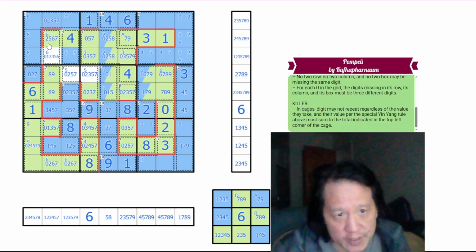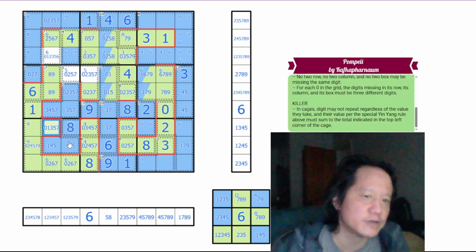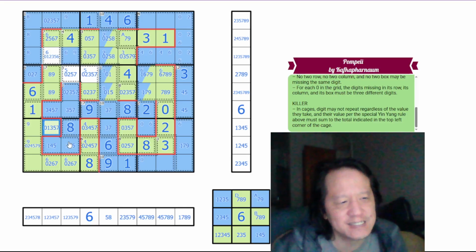This could be something like 6, 7. 0 can't be here, 0 can't be here. Oh, 0 is in every cage, or every box. It could be 0 here. Dang it. Again, this digit has to be one of these two.